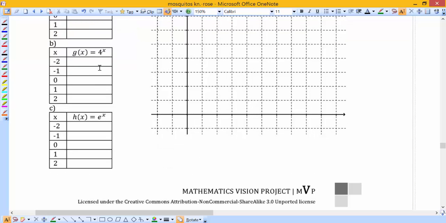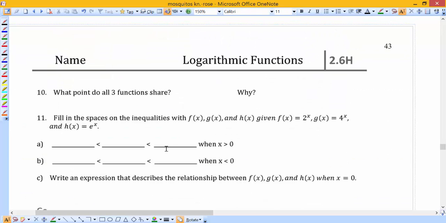The only one that might be a little tough is C, because you guys have to go through and get the decimals. But this is already done in your task. So you could at least use that to check. Try and do your table without looking back first, but then you can look back and check to see if you actually got it. All right.